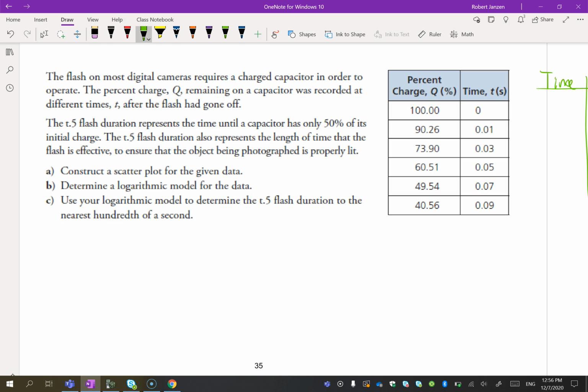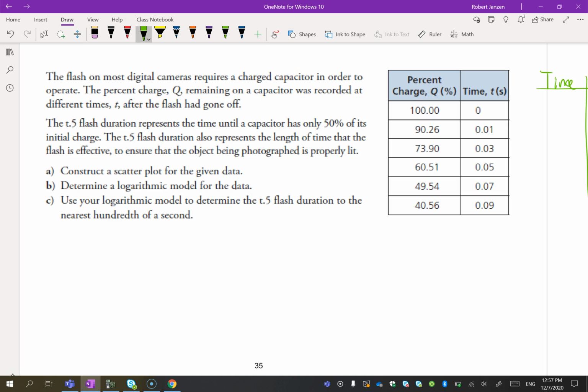So, for example, if the flash hasn't gone off yet, you're going to have 100% charge, and every time you flash, you're going to have less charge left.